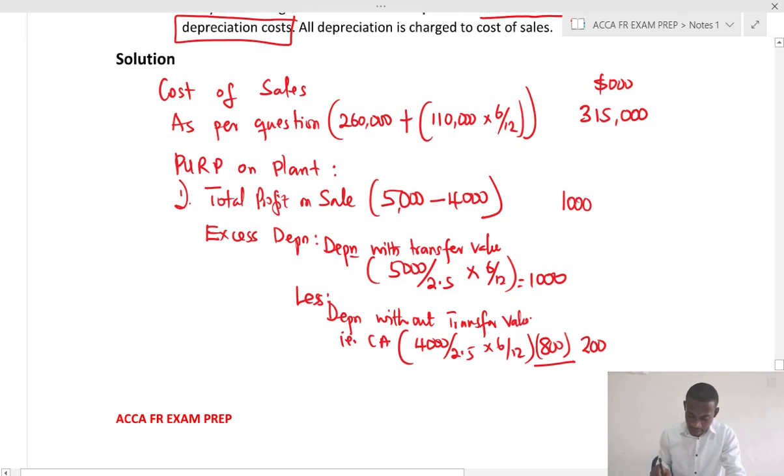Now the excess depreciation, I'll have to deduct it from the total profit, and when I do that, I'll have a net of 800. And that 800 becomes the unrealized profit. The unrealized profit here has to be added to the cost of sales so that we can have the adjusted cost of sales.